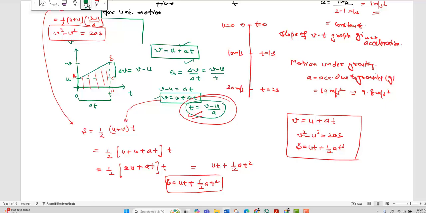But one thing you have to remember, that these equations are to be used under a constant acceleration situation.